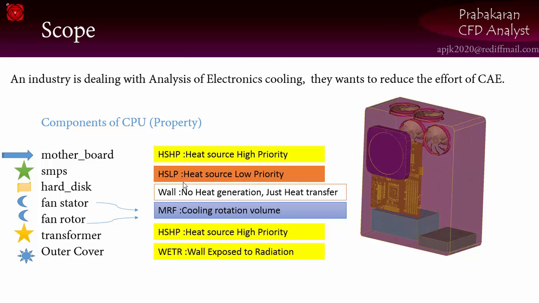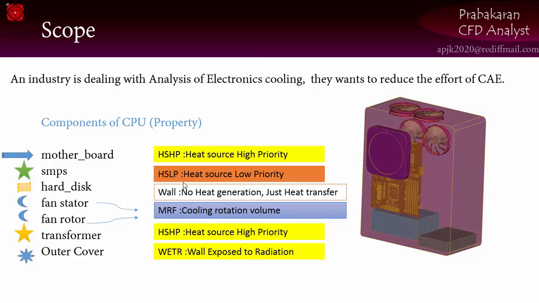whereas if you see the hard disk, it is not generating any heat. I'm assuming that, but if the hard disk goes to higher capability, then it will also have a fan to evacuate the heat which is produced within the hard disk for the operation.